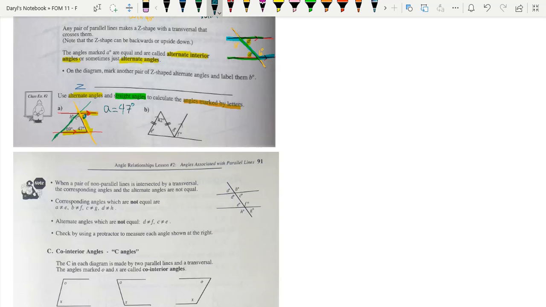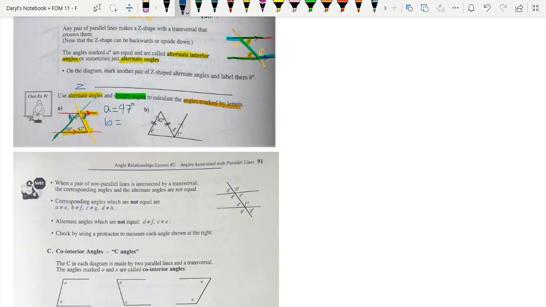Next would be angle B. So what would be my angle B? Well, angle B is this angle here. So it is the angle between one of the lines of your parallel lines and this transversal, the green line that I made.